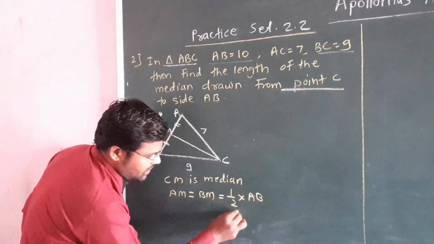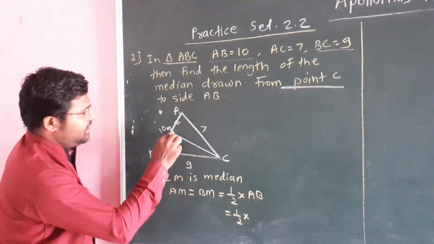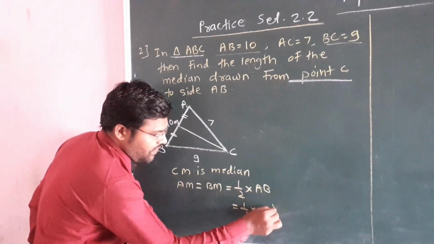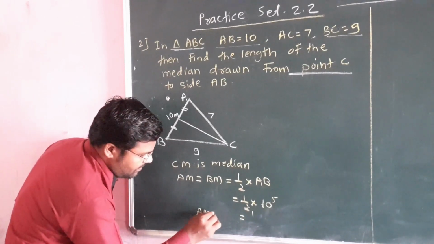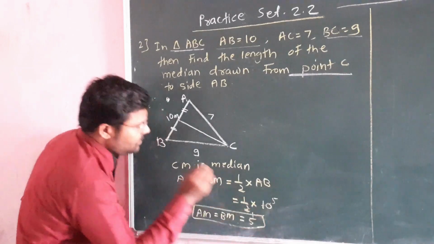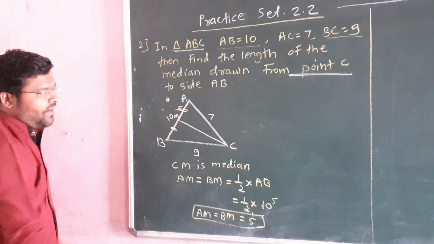Half of AB is 1 upon 2 into AB. Length of AB is 10. 2 ones are 2, 2 fives are 10. AM is equal to BM is equal to 5. Okay, so AM is equal to 5 here.